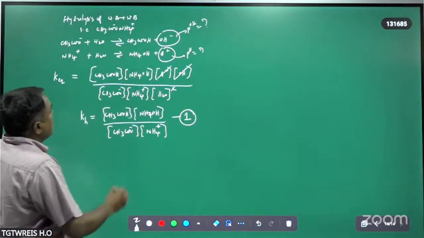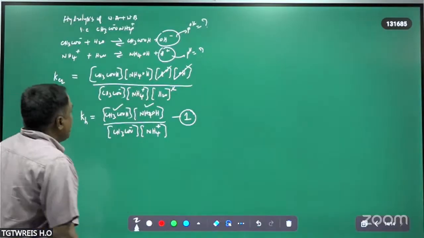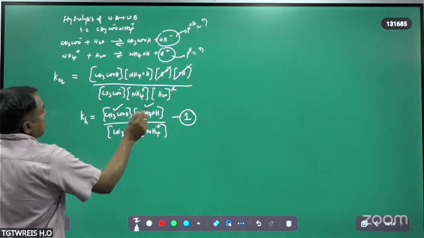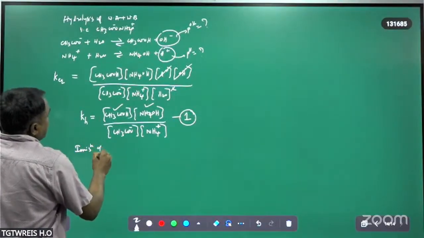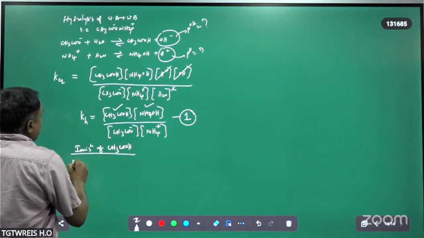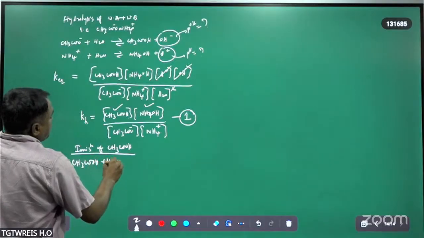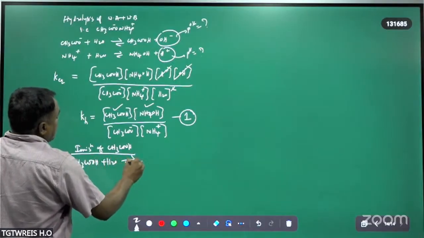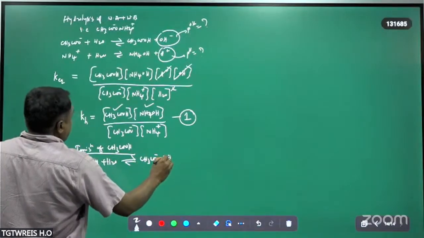So in this we have what now? This is the weak acid now, and this is the weak base. Therefore, we have to find the ionizations of these two now. So ionization of acetic acid, CH3COOH. When dissolved in water, you're getting what now? CH3COO- plus H+.